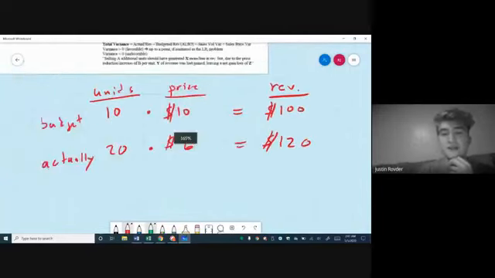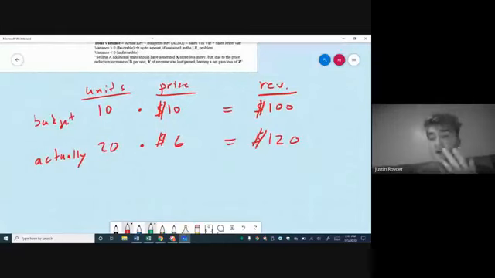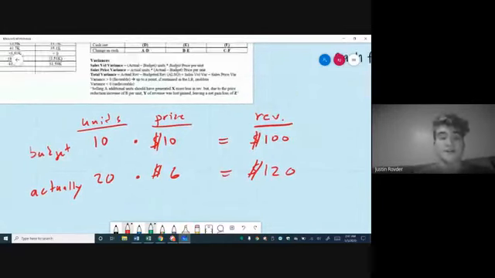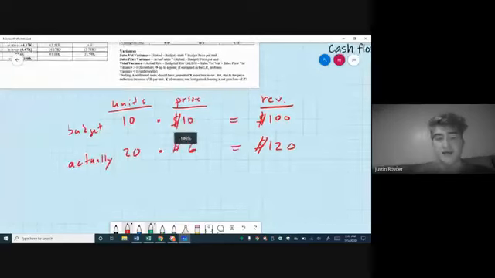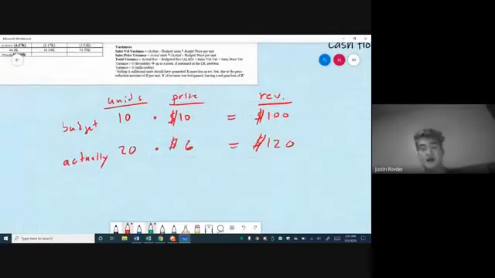So as you can see, you actually gained $20 more in revenue than you expected. So because we're looking at variances, that is what would be called the total variance. But if you're at an executive table and the CEO asks you, okay, how much did our revenue change based off of what we were expecting and what we actually got? And you said, oh, it went up $20. He'd be like, okay, great. Why? And so this is kind of where these variances come in handy.